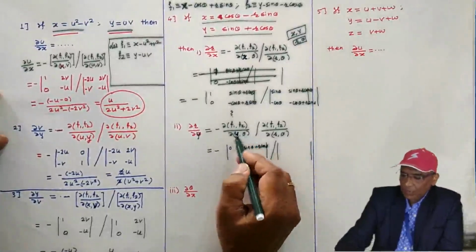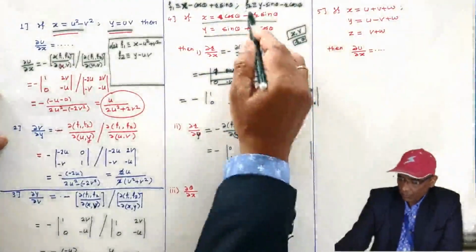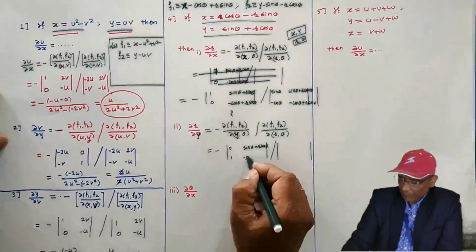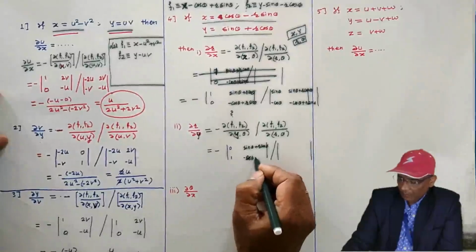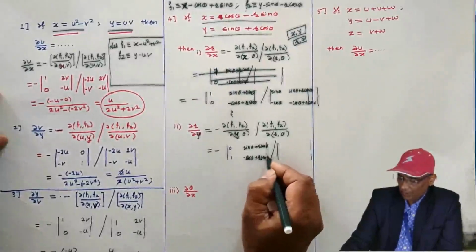The derivative of f2 with respect to y is 1. The derivative of f2 with respect to theta is minus sin theta, the derivative is cos theta, and the derivative of minus cos theta is plus sin theta.